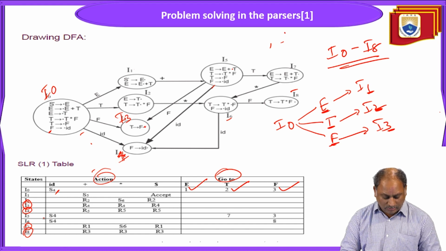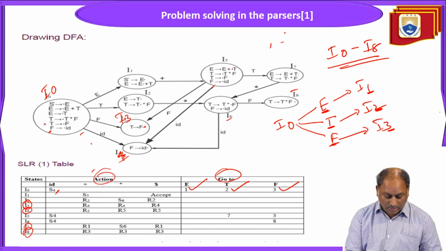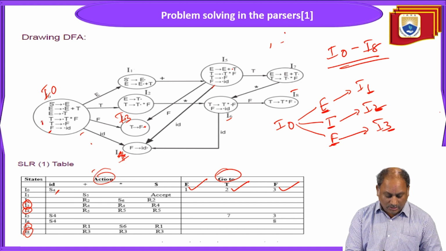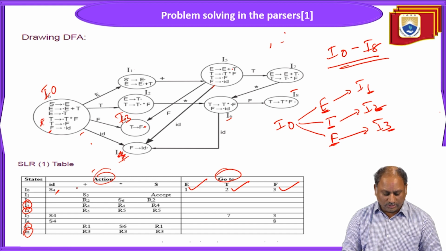Now T derives F dot is the reduction part, where you are going to write the derivation rules with R1, R2, R3, R4.